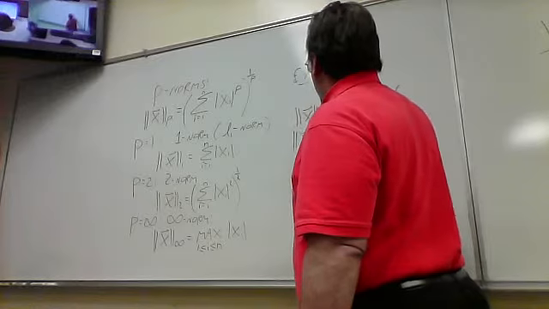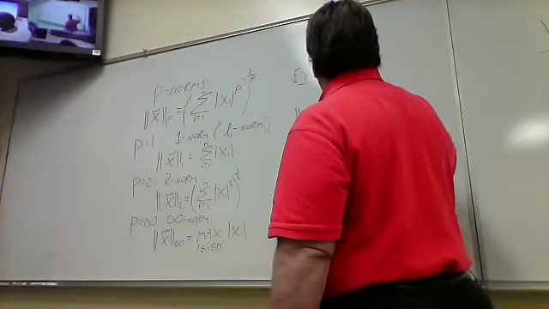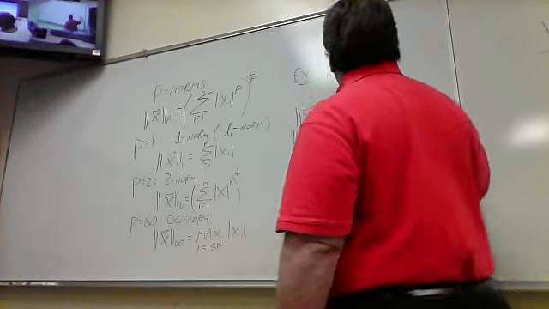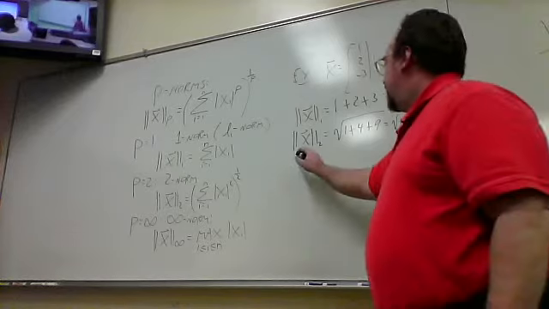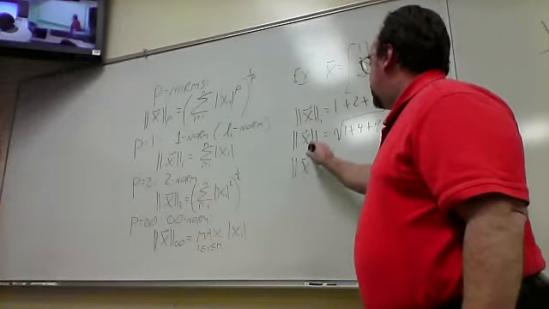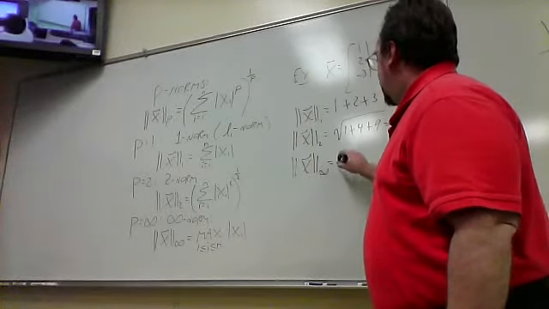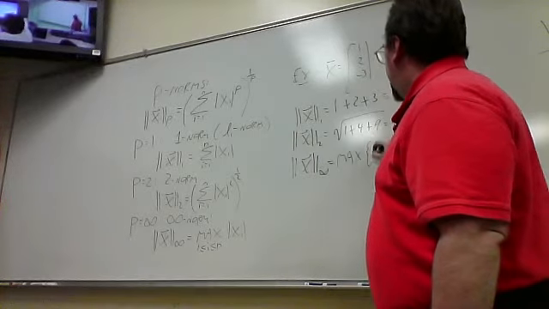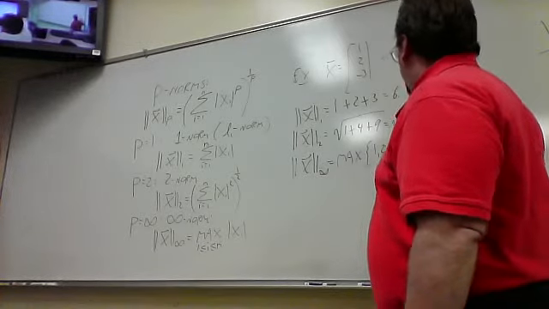The 2 norm would be the square root of 1 plus 4 plus 9, so the square root of 14, which is going to be between 3 and 4. And then the infinity norm is the maximum of the absolute value of all the entries, so it's going to be 3.